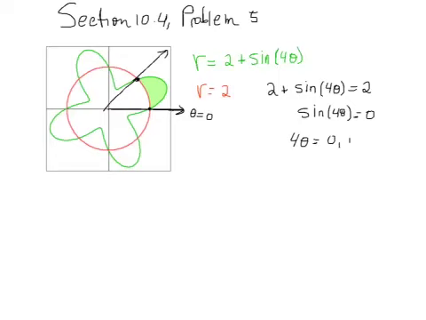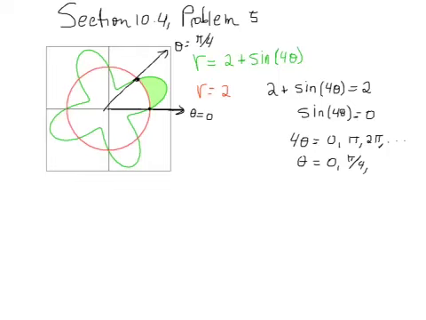So 0, pi, 2 pi, etc. Which means theta would be 0, pi over 4, and 2 pi over 4, but I think I just need those two. So theta equals 0 is one of them. I kind of knew that from the picture, and now I know that the other one is pi over 4. So here, theta equals pi over 4.